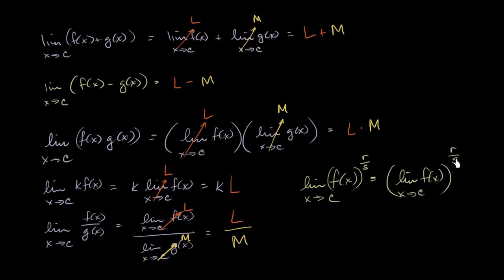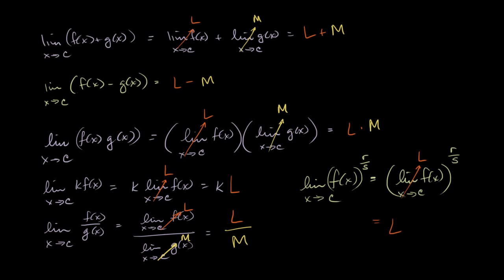Once again, this is when r and s are both integers and s is not equal to 0, otherwise this exponent would not make much sense. And this is the same thing as L to the r over s power.